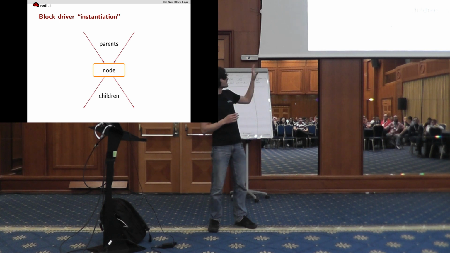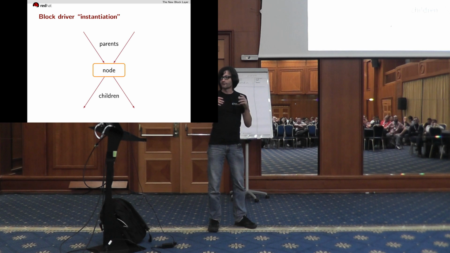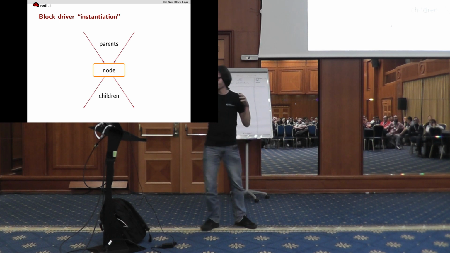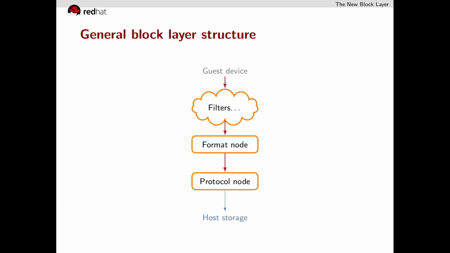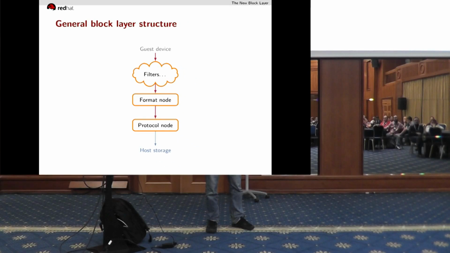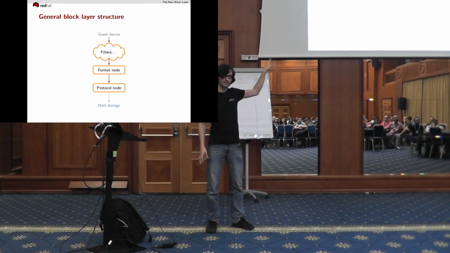But still, we can have some hierarchy of parents and children based on the fact that we have basically some kind of bus master in our system where the requests originate from. Usually, that is the guest device. So the guest device generates requests, sends them down to the first node in the data flow graph. And this node then does something with that, generates new requests, hands them down to its children, and so on.